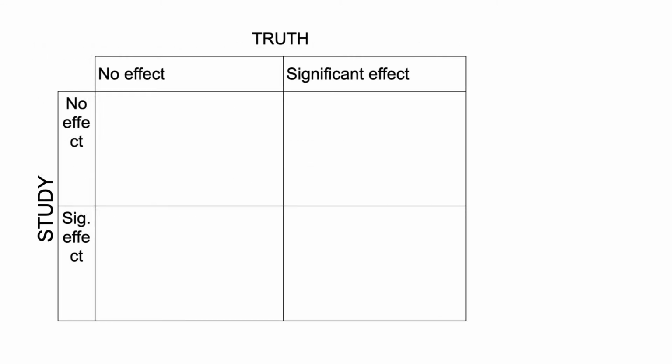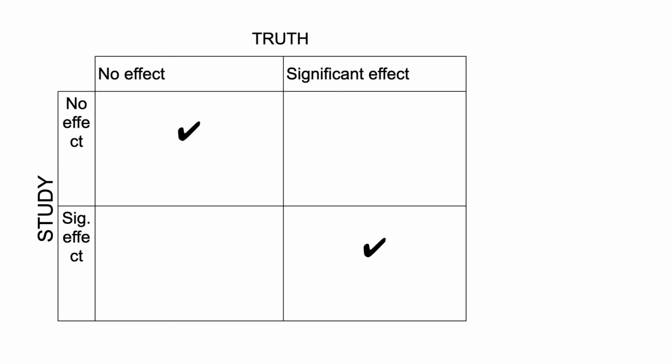So what we try to achieve is the truth, and what we find in the study may or may not be consistent with the truth. If you look at this table, where we would like to be is here or here, where we are consistent with the truth.